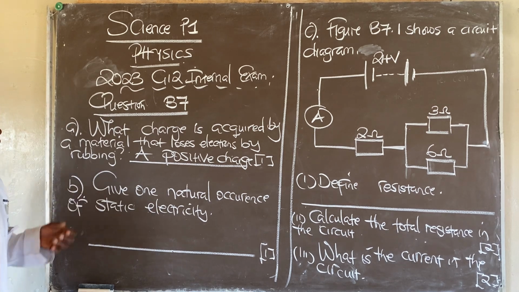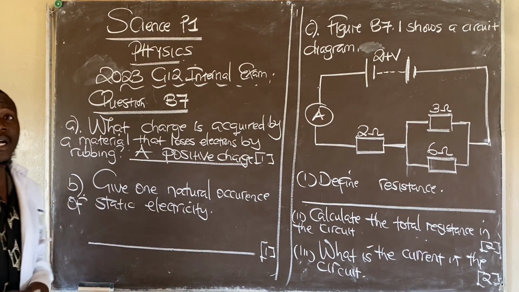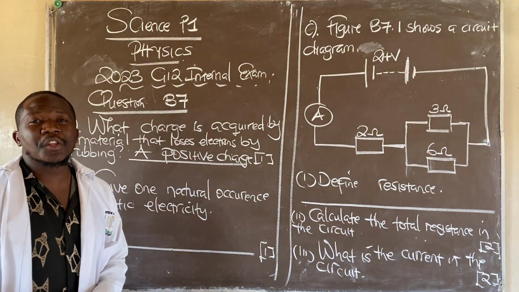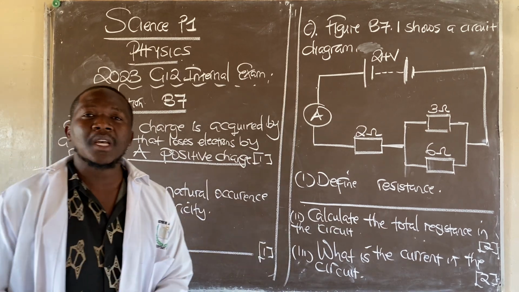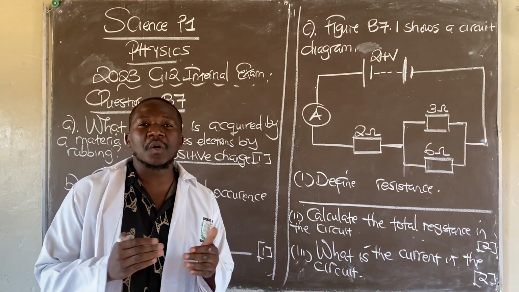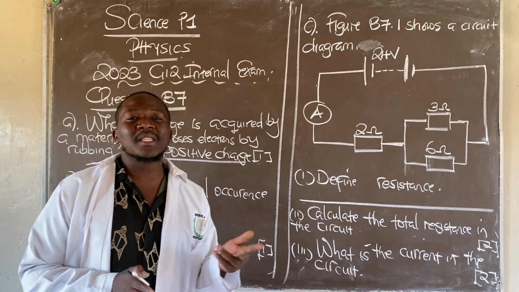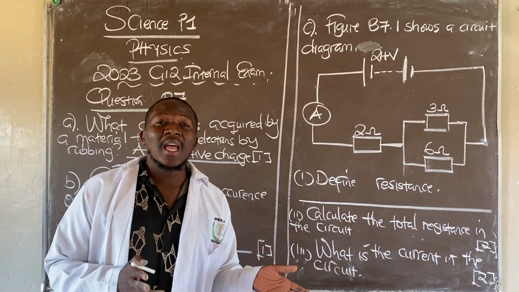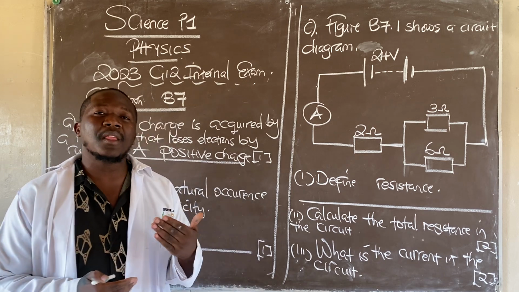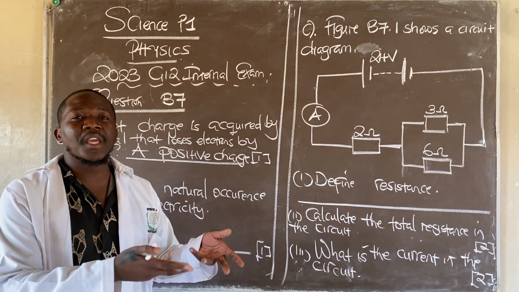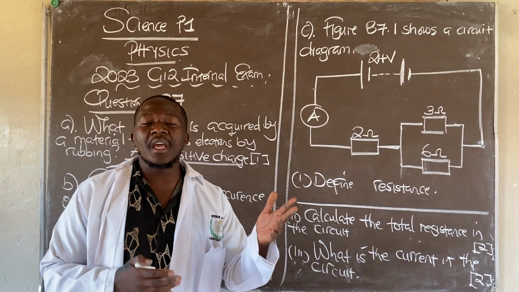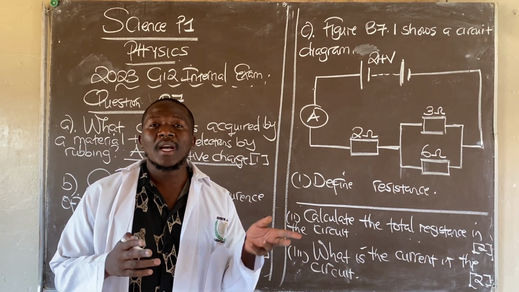Then B, give one natural occurrence of static electricity. When we talk about static electricity, we're trying to talk about things in everyday life that are applicable, such as combing hair. When someone is combing their hair in dry conditions, charges can form between the comb and the hair.